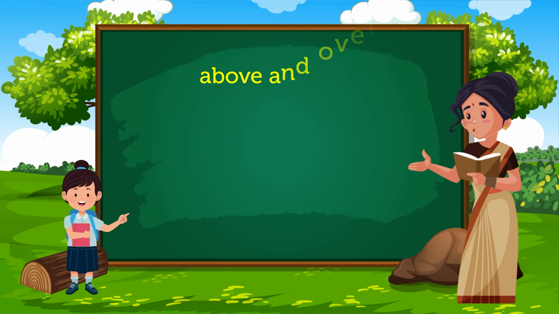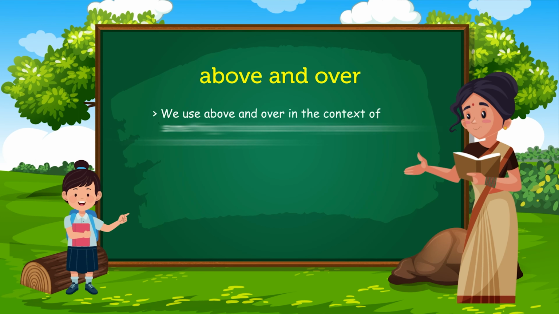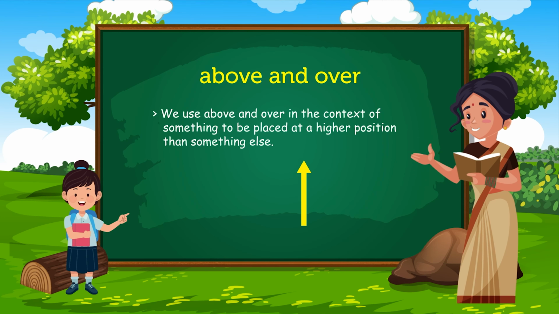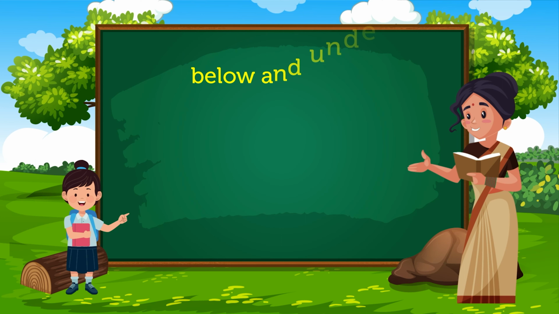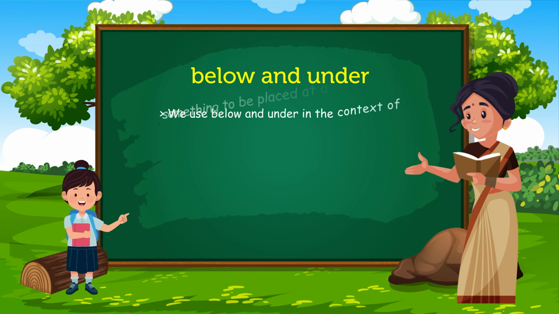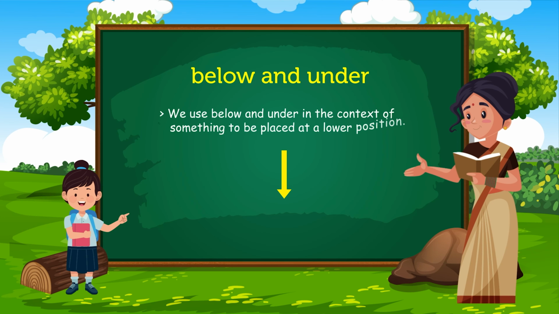Above and over. We use above and over in the context of something to be placed at a higher position than something else. Below and under. We use below and under in the context of something to be placed at a lower position.